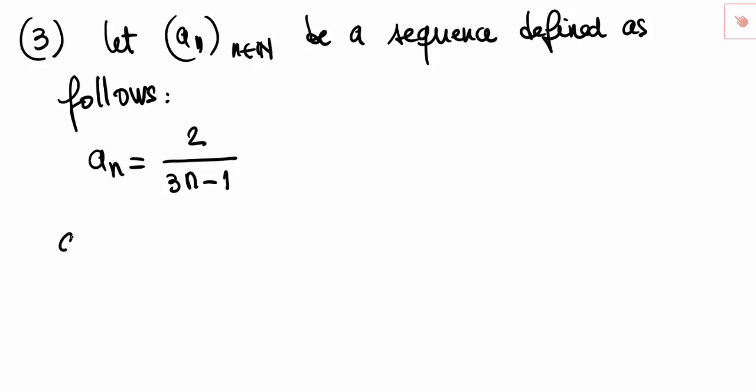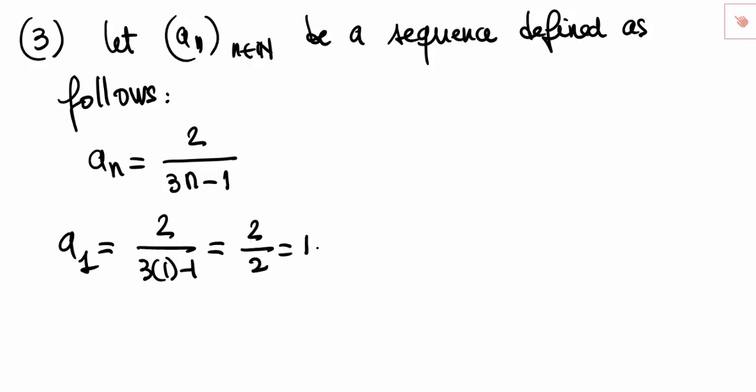So one can see that the first term, a1, is 2 over 3 times 1 minus 1. That would be 2 over 2, which is 1. Verify that a2 is 2 over 5, and so on. a3, the third term of our sequence, will be 1 over 4, and so on.